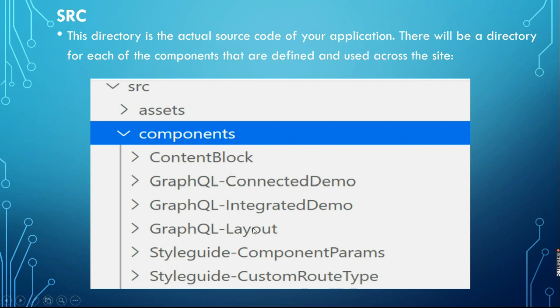In this src folder, the components will also have JSS-specific commands for that particular component. Content block means you can provide the content block. In the previous sitecore components we have the definitions, that is the template. Here we have the item for that, and you can provide the data as well.